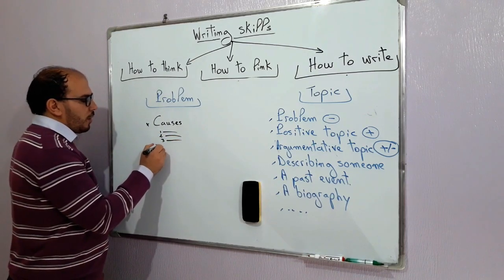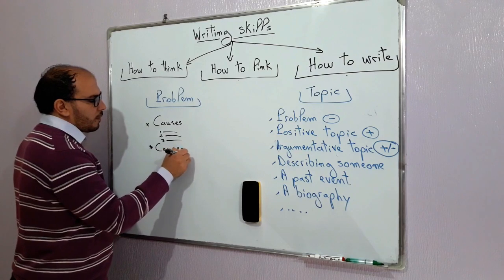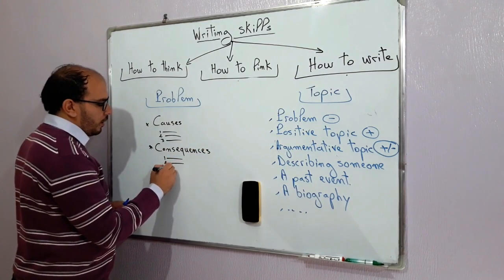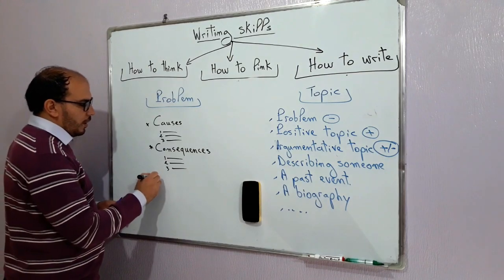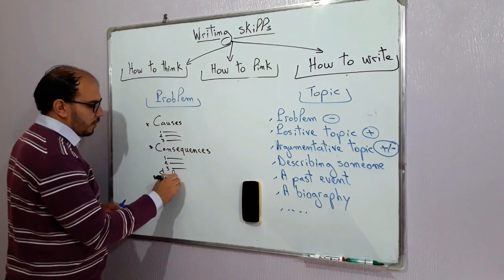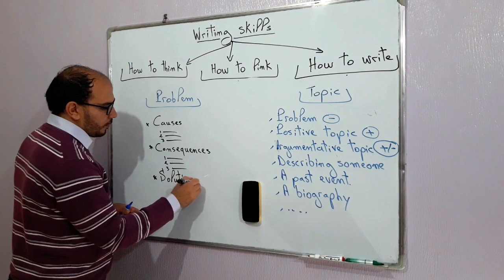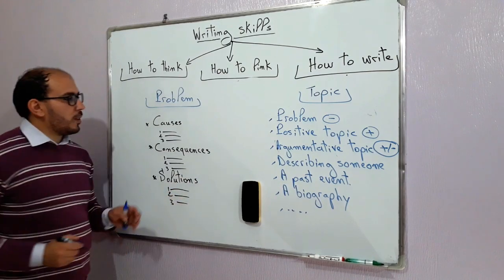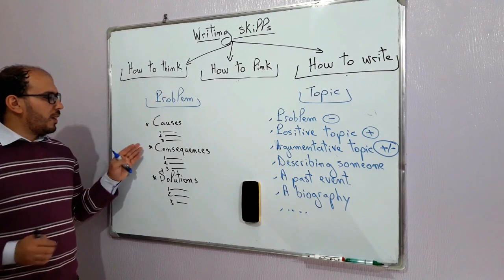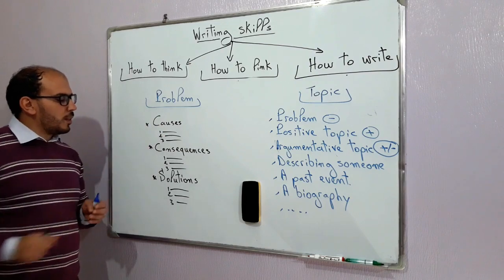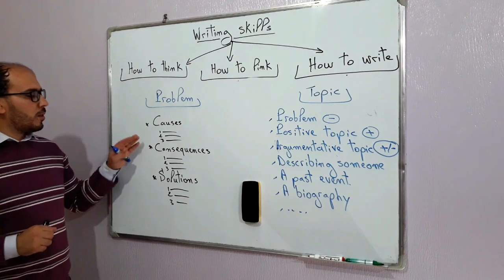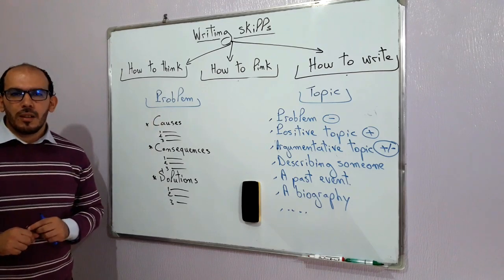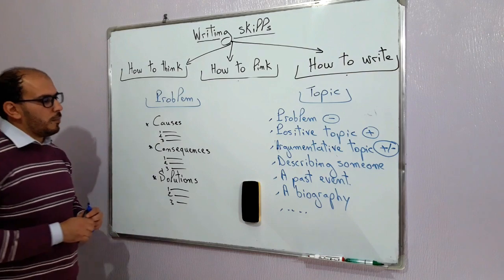The second one is consequences, and I have to give three consequences, and then I have solutions. So whenever I have a problem, I go directly to mention three causes, consequences, solutions, because these are the required ideas whenever we speak about a problem, whatever problem it may be.